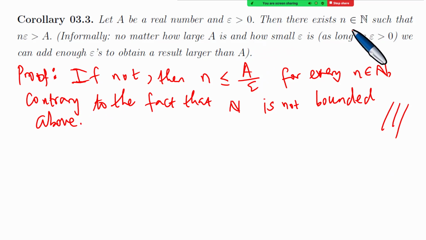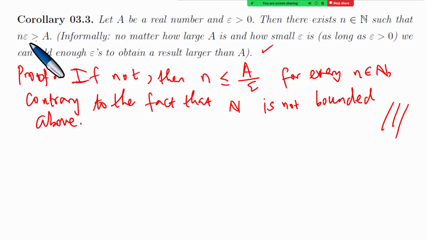Then there exists a natural number n such that if you multiply n with epsilon, it is bigger than A. Informally, no matter how large A is and how small epsilon is, as long as epsilon is positive, we can add enough epsilons to obtain a result larger than A. So we take a real number A, and then you take epsilon.